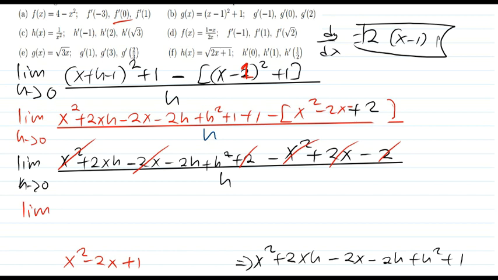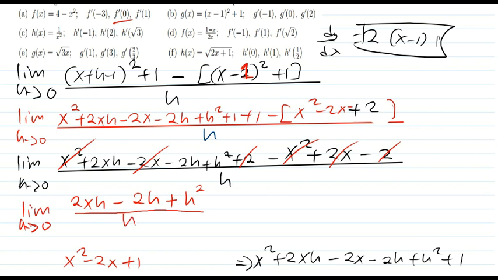So limit as h is approaching 0, I'll have 2x, okay, minus 2h, then I have minus, or it's plus now, plus h squared, everything divided by h.